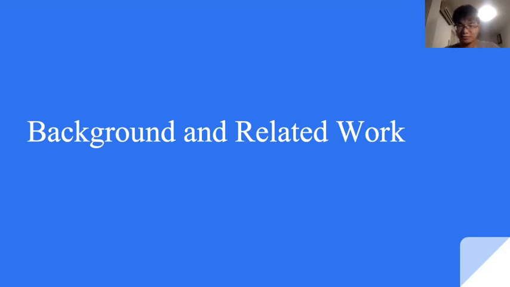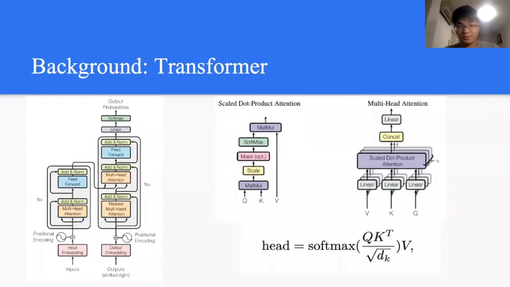I am Fating Hong. I will give a quick talk on the background and related work. The first part is the transformer. Here we first recap several basic components of the self-attention network proposed in the transformer, which has shown impressive results in various natural language processing tasks.